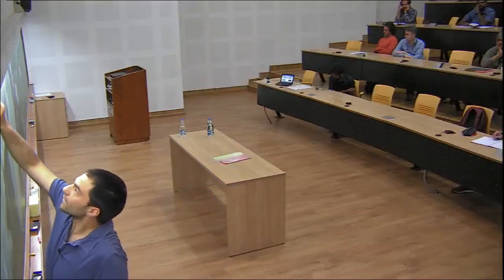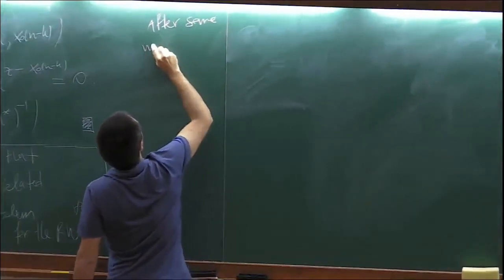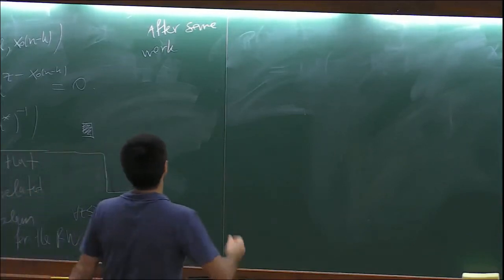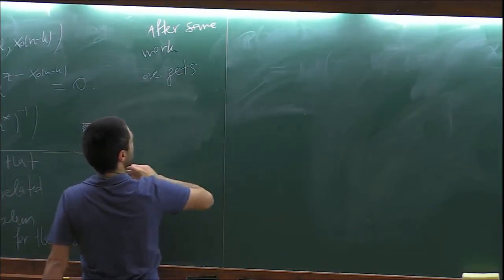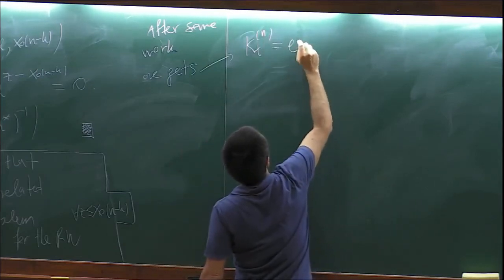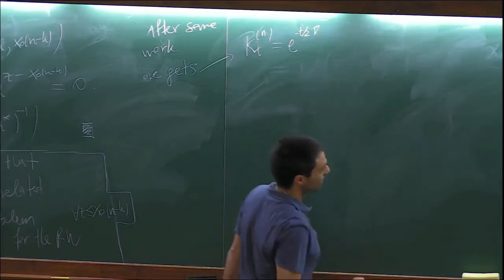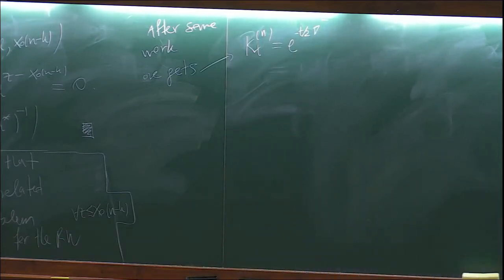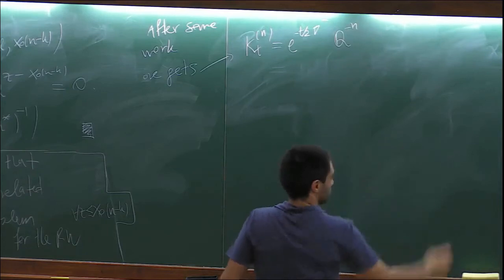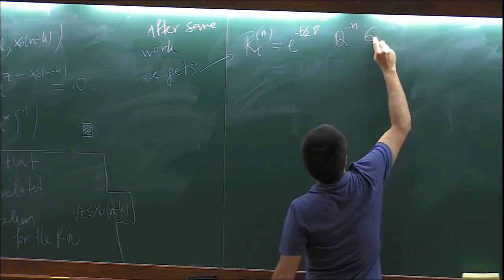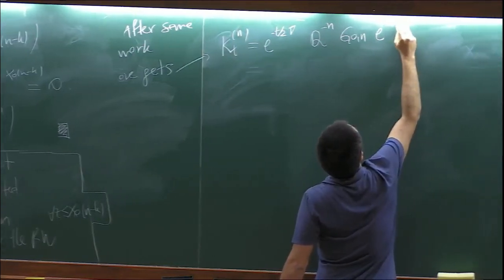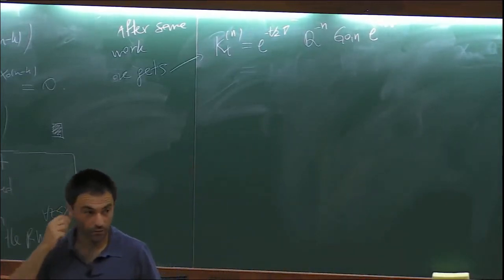After some work, but nothing special, and you can see it in the notes, what you get is the following: K_t of n can be written as e to the minus t over 2 grad minus, q to the minus n, and then a certain operator G0n, and then e to the t over 2 grad minus. So for now I haven't done anything.